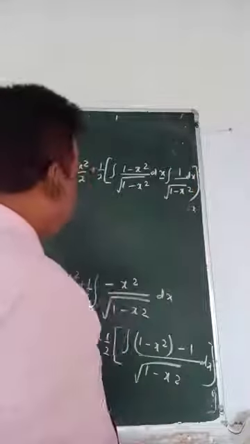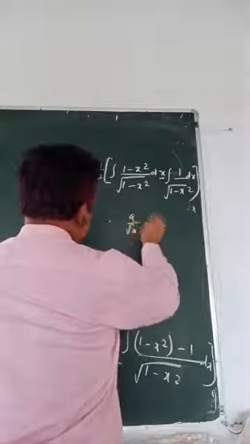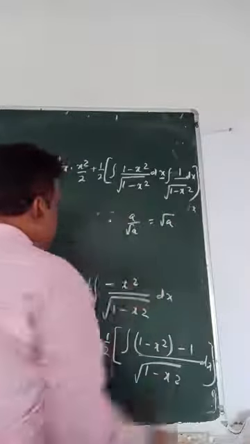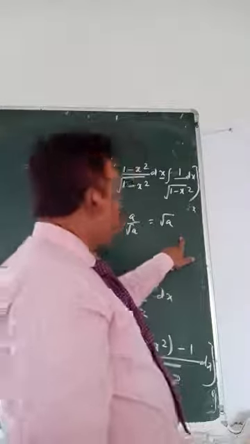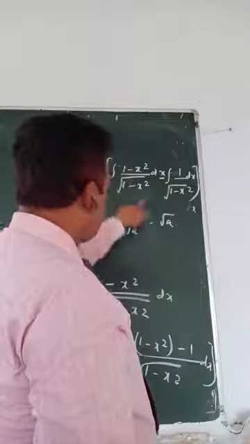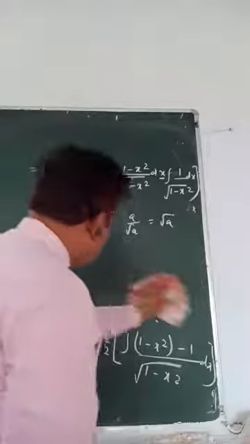Okay. Now, you know what a by root a is? Root a. So if you cancel, the numerator will be root a, meaning root of 1 minus x square.